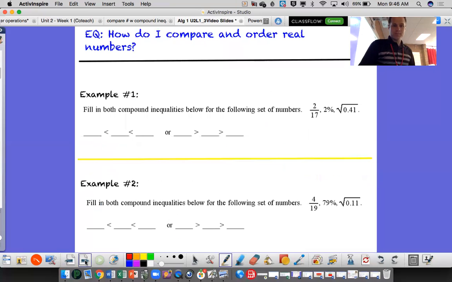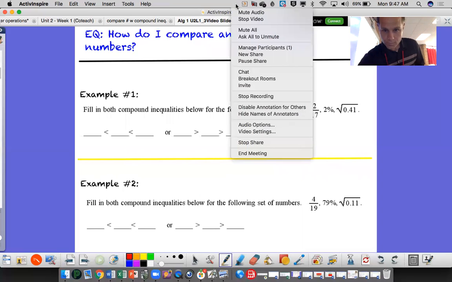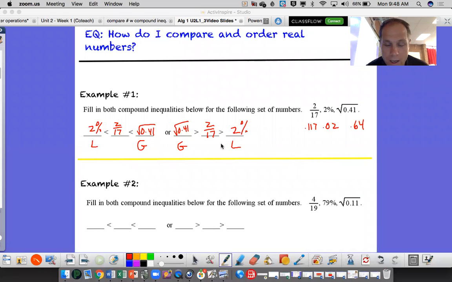Try this one. So, you ready for the answer to that first one? There it is.